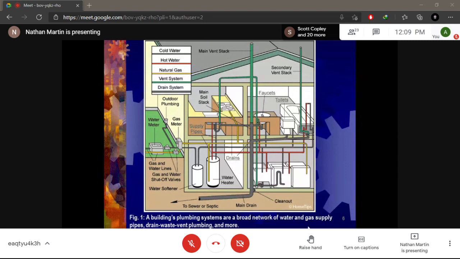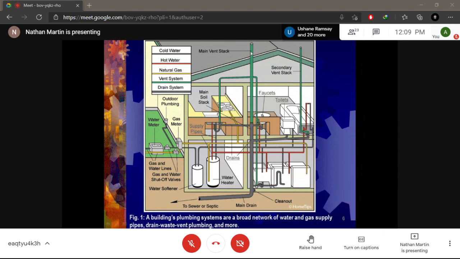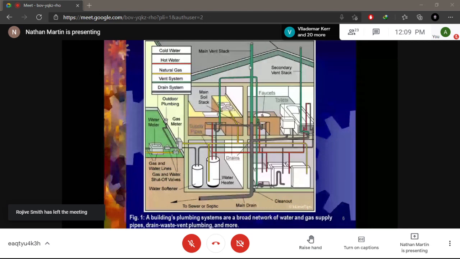So here, just to break down what you're looking at, we have our main vent stack. This is really to allow harmful gases to escape to the atmosphere rather than have a buildup in the pipe and air pockets. We have a secondary vent pipe.